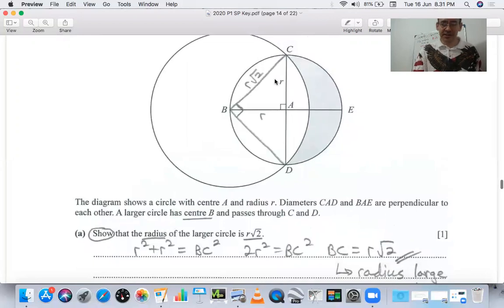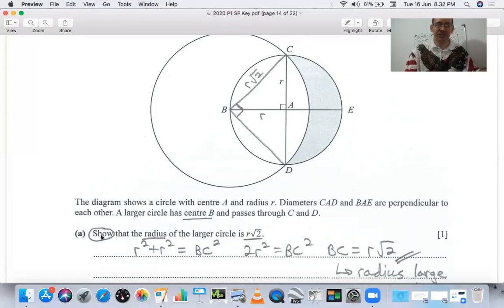Well, if you just look at this, hopefully you recognize this as a 45-45 right triangle where you have your 1, 1, root 2 special triangle. 1, 1, root 2 is just the coefficients. So this happens to be 1R, and root 2R has the variable in it, but it follows that 1, 1, root 2 pattern. So you should be able to see it straight from your special triangle.